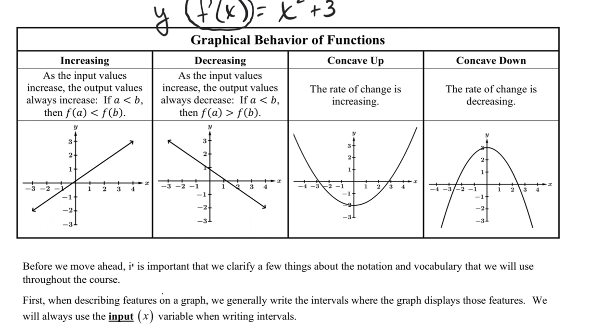So if you look down here, it says if A is less than B, then f of A is less than f of B. What that really means is, an x value, which we'll call A, and an x value, which we'll call B, when I input them into the function, I get f of A, or a y value, an output. If I put B in, I get f of B, or an output, or a y value, right?